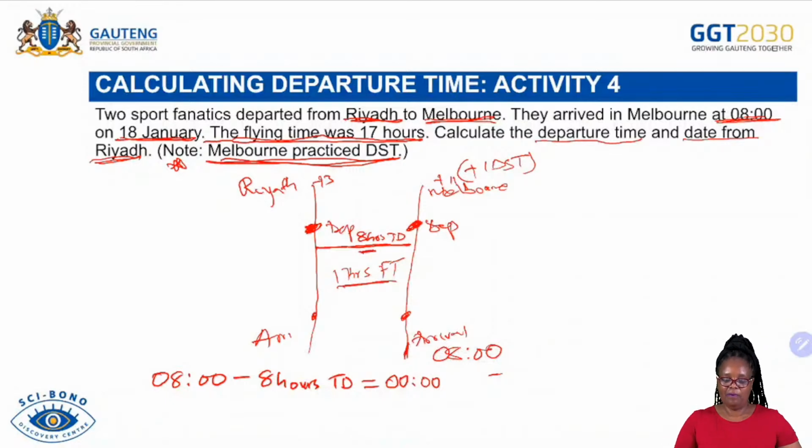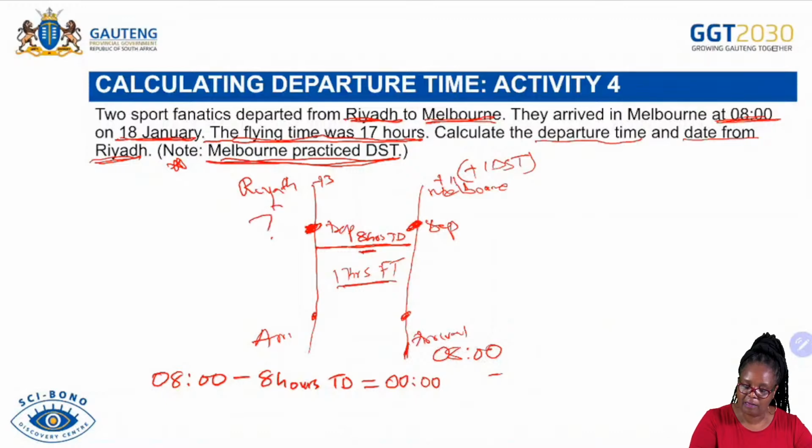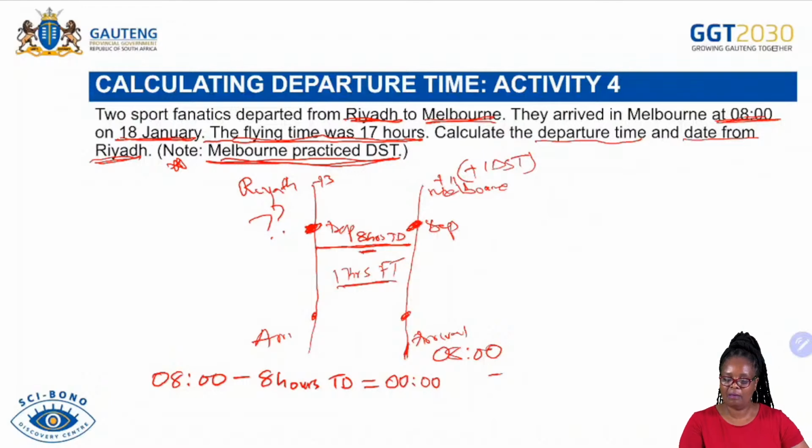This is the story. So now we want the departure time here. When did they leave? When did they depart from Riyadh?